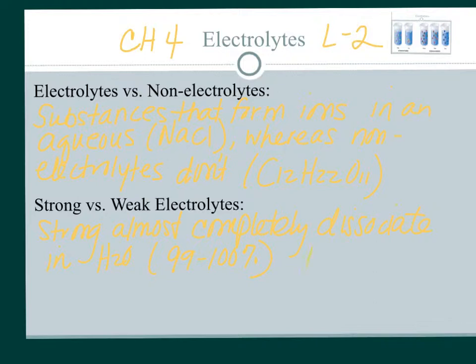So a good example, sticking with NaCl, would be solid NaCl dissociating into Na plus and Cl minus, and both of these are aqueous.